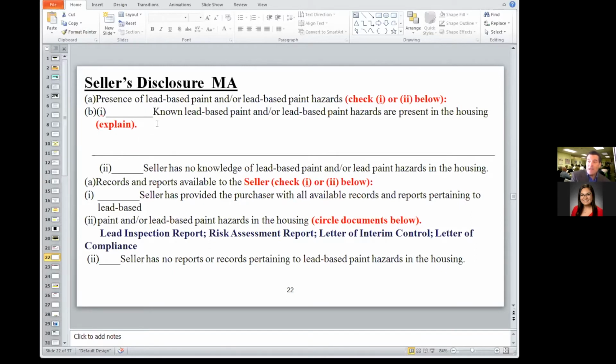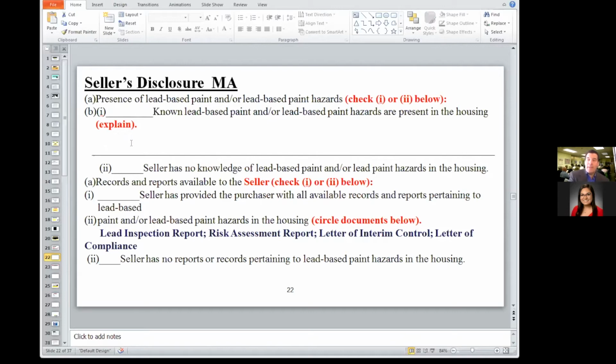If the seller has knowledge, they would put a little check here. And then right on this line, see there's a line here? It says explain. So you'd have to have the seller explain. Mary Ellen, why do you know there's lead-based paint here? Well, because I had a lead inspection a couple years ago when I bought the house, and the guy told me, okay, let's write it down.